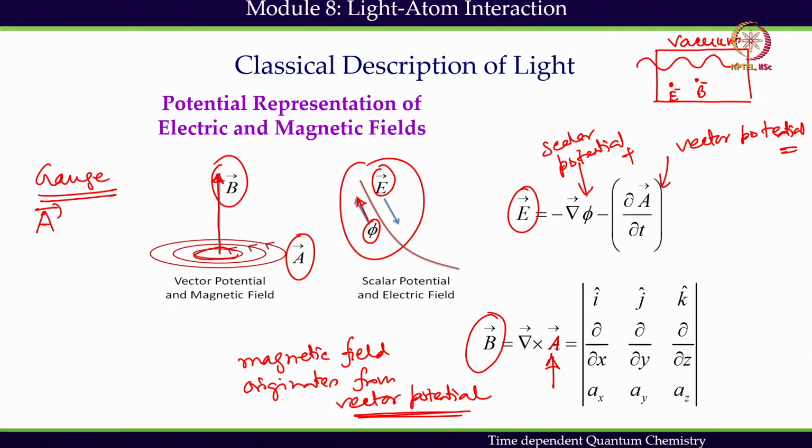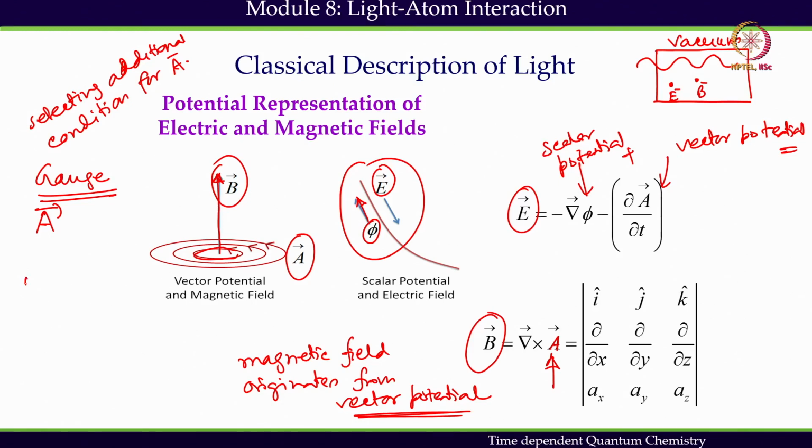Selecting an additional condition for A is called selecting a gauge. Two commonly used gauges include the Coulomb gauge.